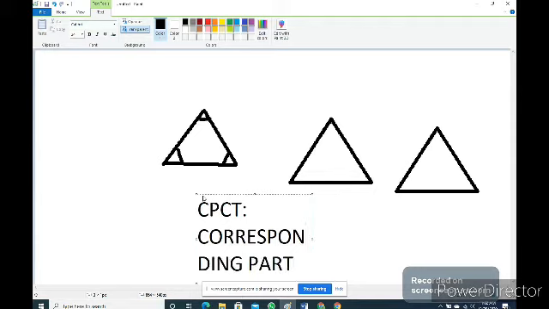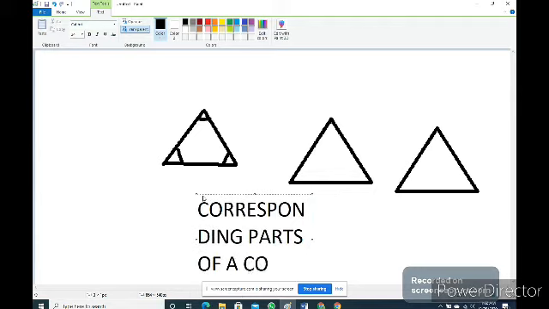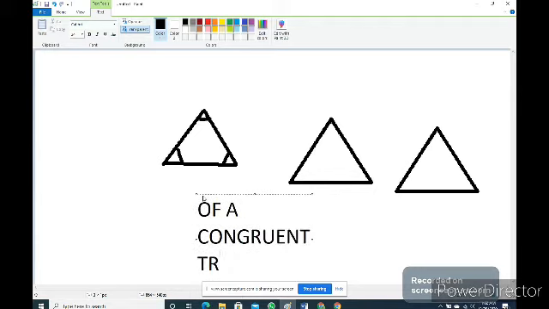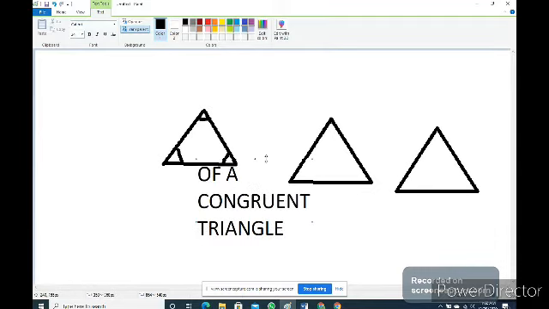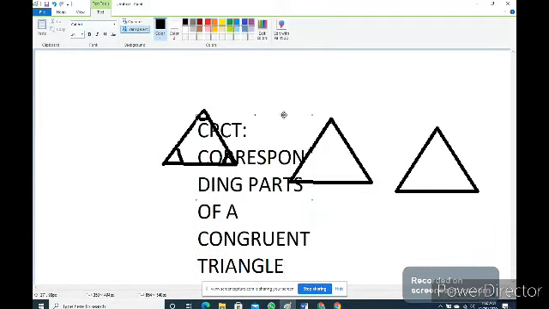So the corresponding parts of congruent triangles is known as CPCT.